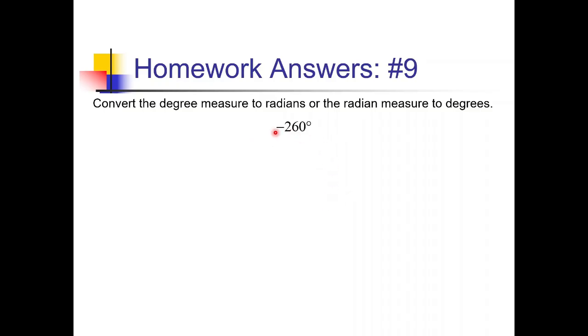To convert negative 260 degrees into radians, we're going to multiply it by pi over 180 degrees. 260 and 180, those are both reducible by 20, and I think that's as good as it gets. So that gives us a negative 13 up here, and down here this will be a 9. So negative 13 pi over 9 radians.